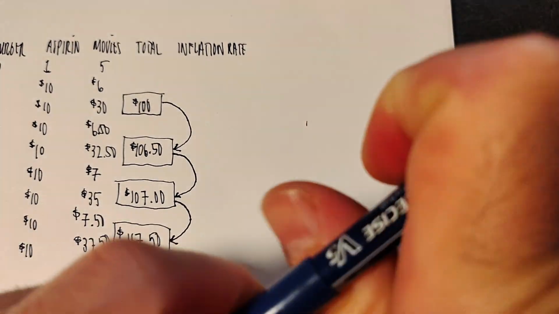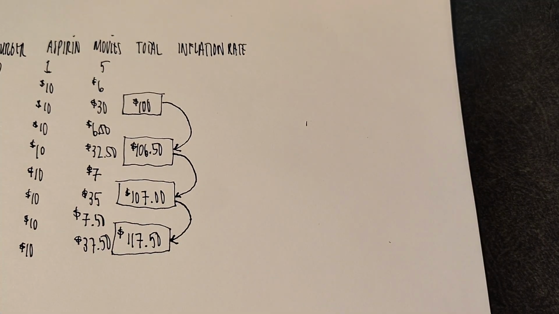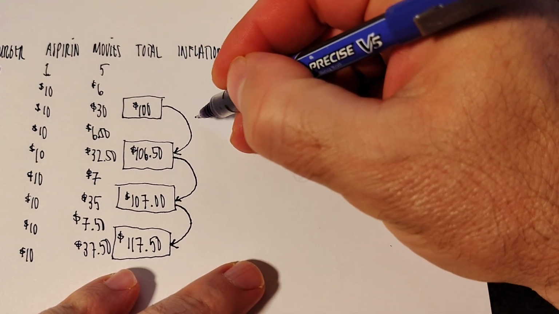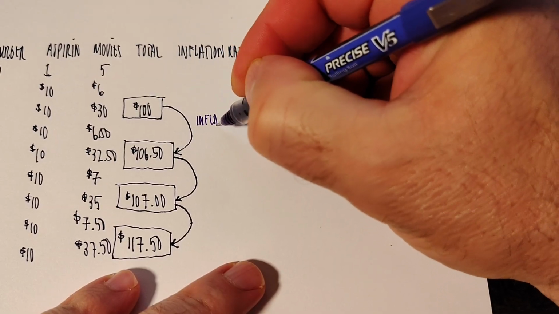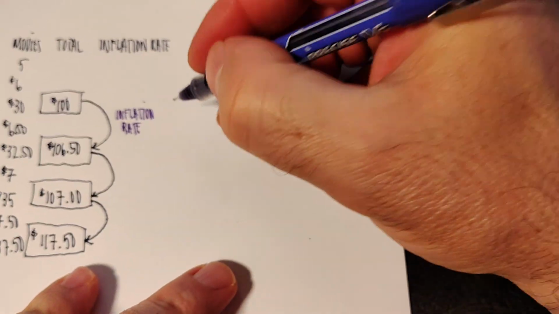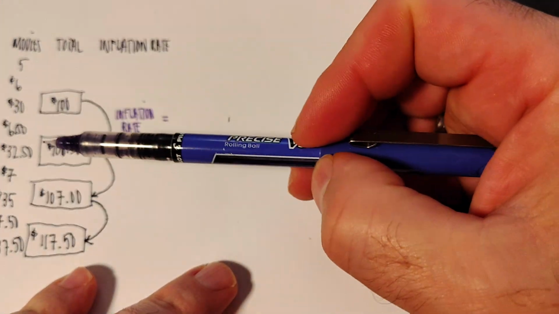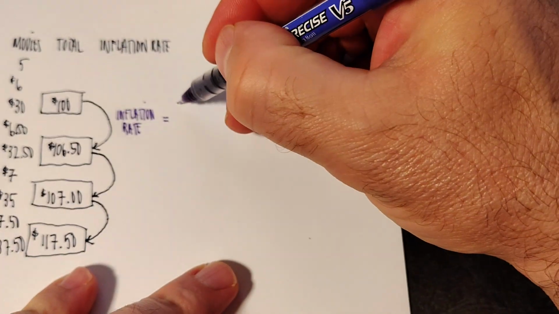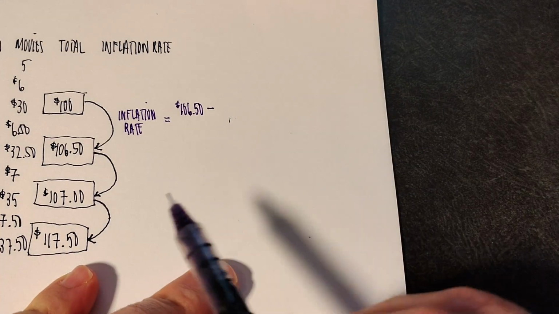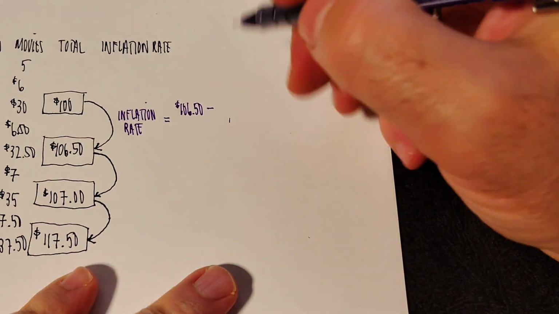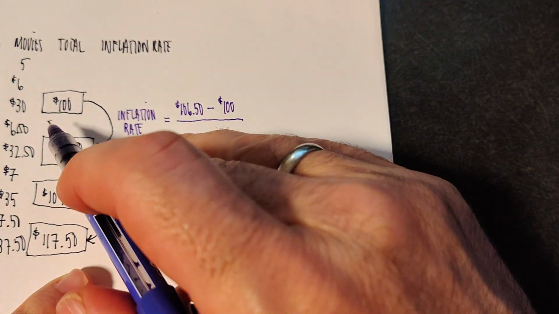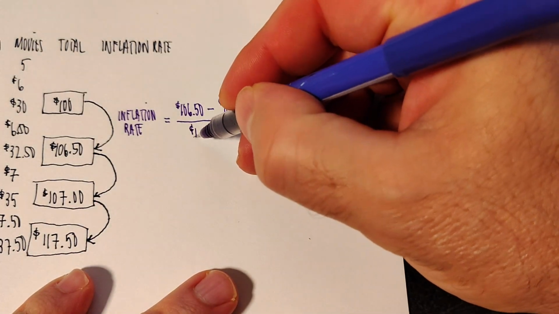So here, let me do this in a different color just because it's a different part of the problem. The inflation rate is going to be equal to the new price of the basket, which is $106.50, minus the old price of the basket, which was $100, divided by the old price of the basket, which was $100.